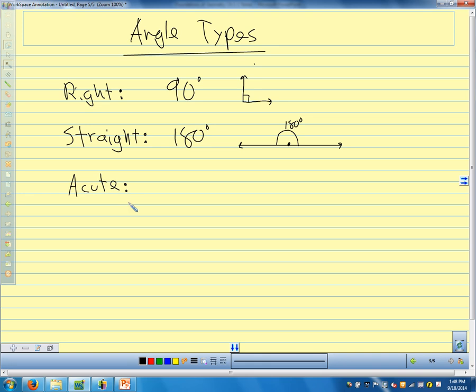How about acute? Less than 90, and we're going to be a little more accurate and say between 0 and 90, because we don't want a negative angle. We don't want to say that an angle of negative 10 is acute. So it has to be between 0 and 90.